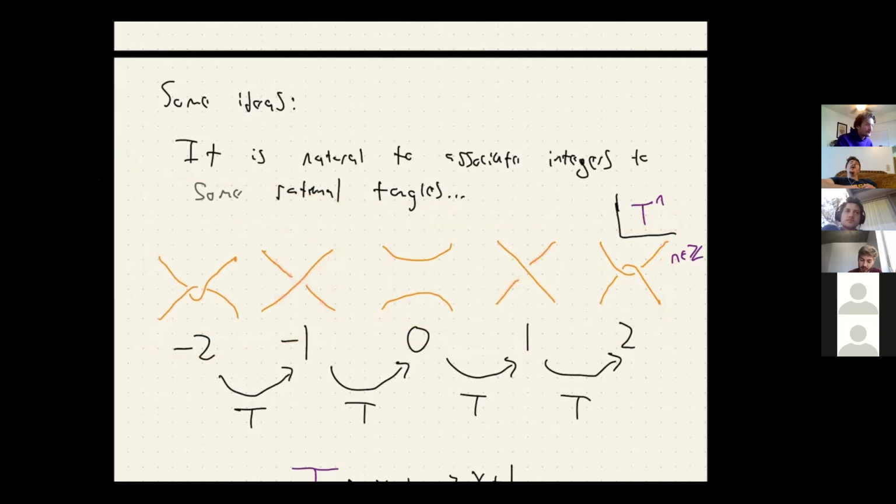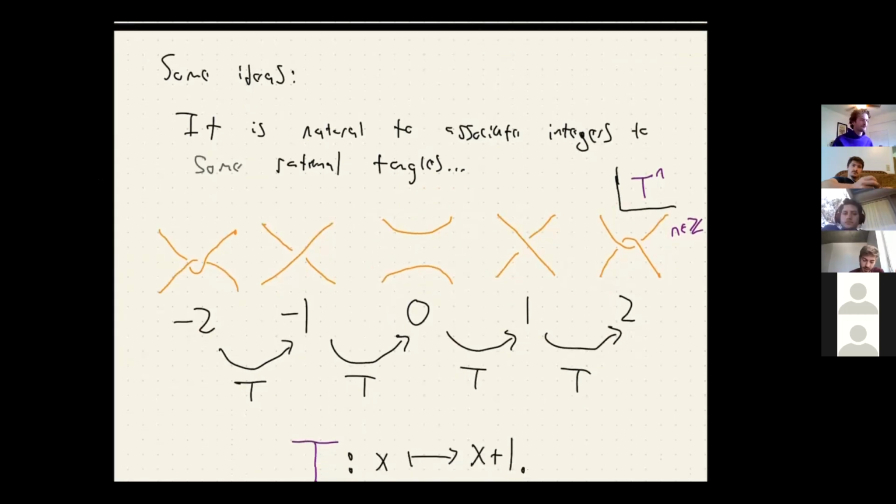It's natural to associate integers with them, and an integer can count the crossings up to sign. This has 0 crossings, this has 1, this has 2, and each subsequent tangle can be obtained from the next with an action of t. So if I twist, I go from what I'm calling -2 to -1. If I twist again, that comes to 0, etc.